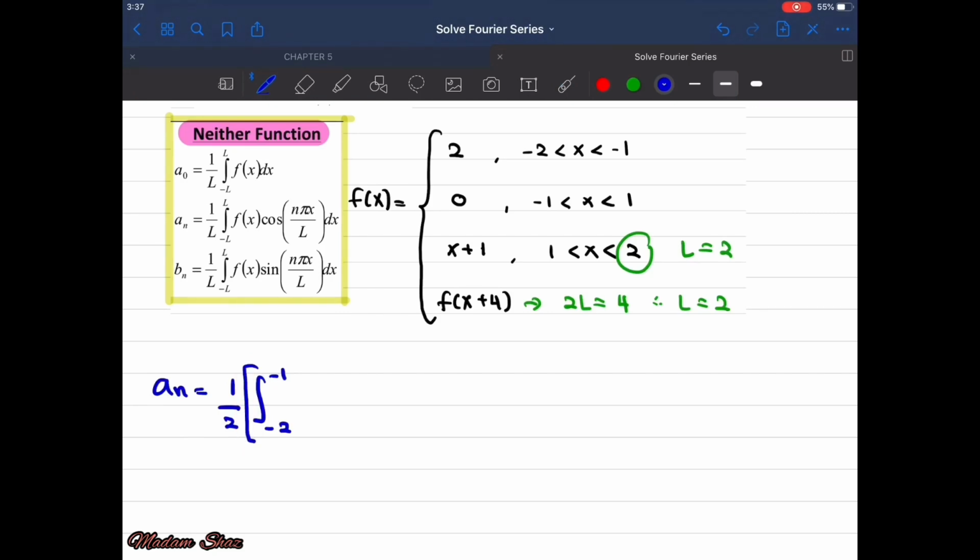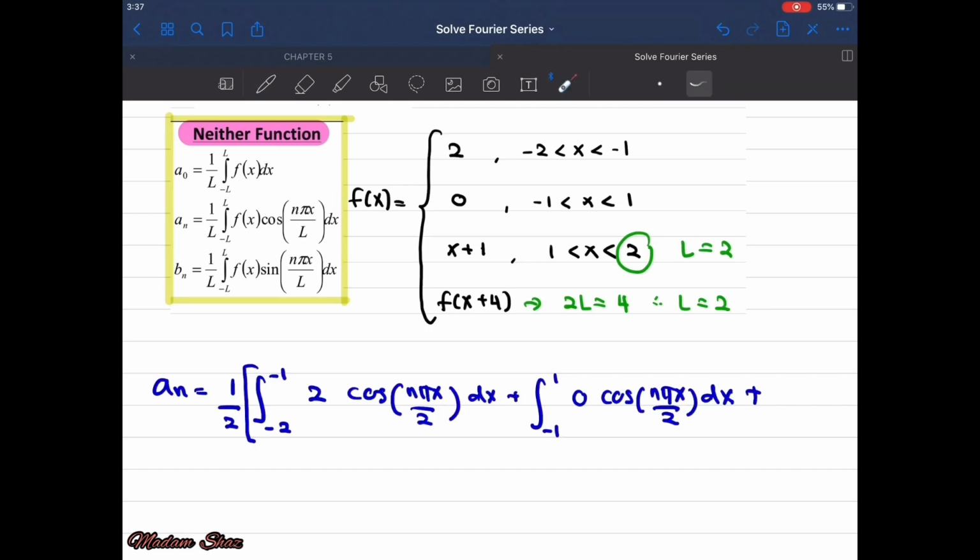So f(x) is equal to 2 multiply with the cos n pi x over L. Cos n pi x over 2. Plus, integrate from negative 1 until 1. f(x) is equal to 0. 0 multiply with the cos n pi x over 2 dx.